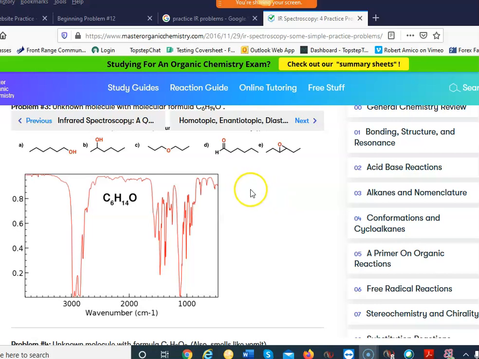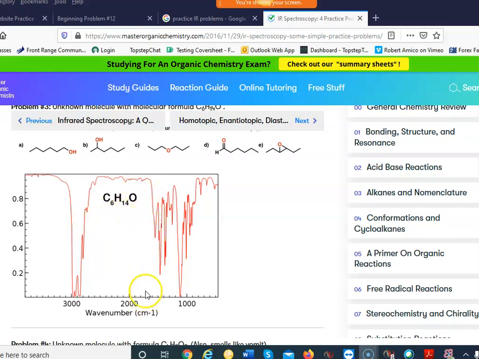Okay, so let's talk about why it can't be D, even without looking at the formula. So D, I can understand. When you said D, I originally was looking at it thinking aldehyde because of the peaks right here. Remember that the fangs, the peaks have to be exactly the same size, but you also are looking for a carbonyl.